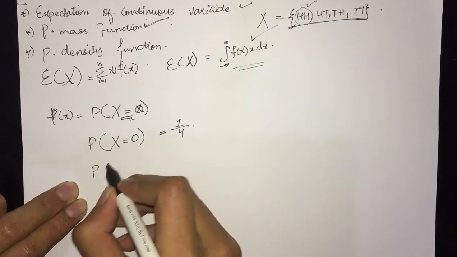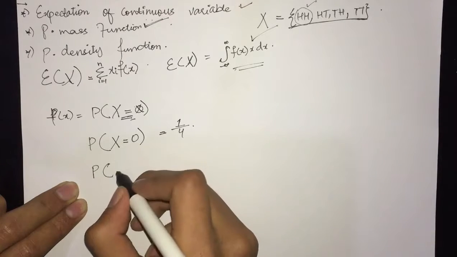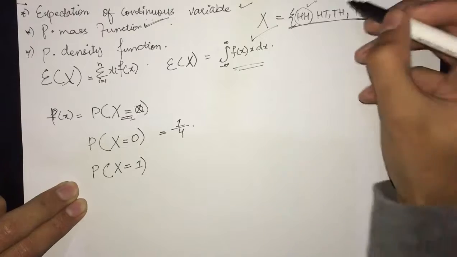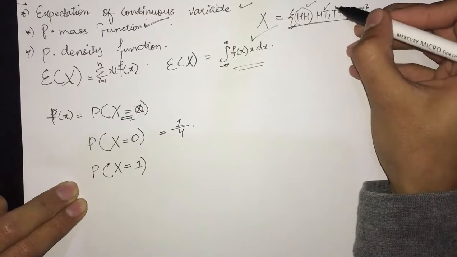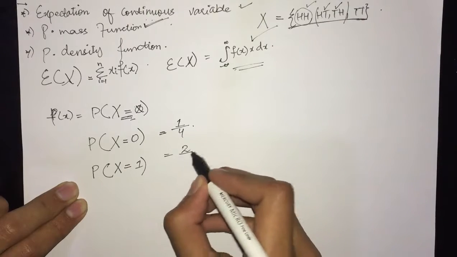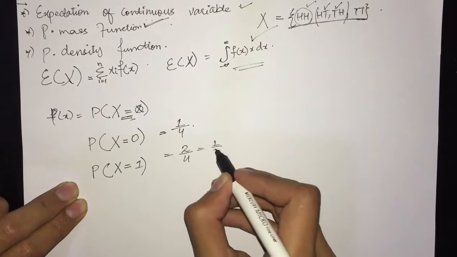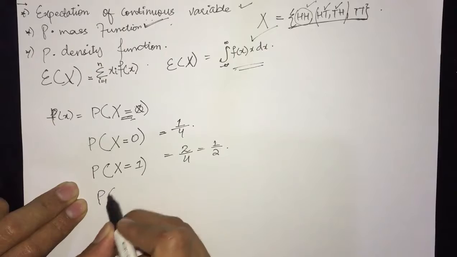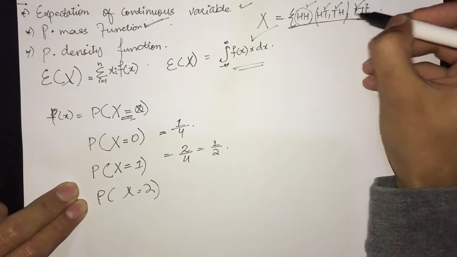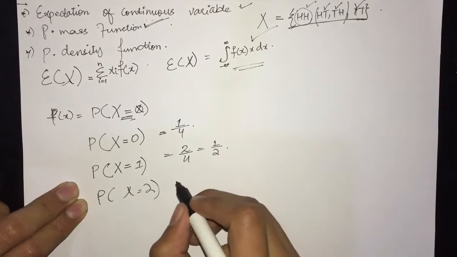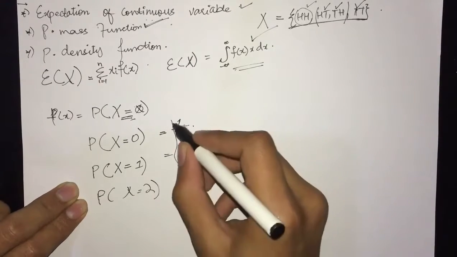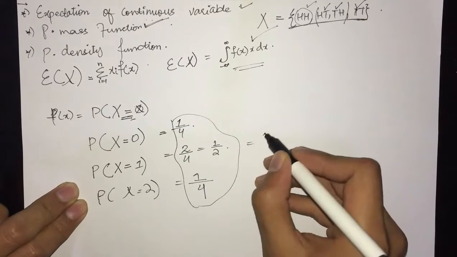Now for X equals 1, we have 2 points where we have one tail, so that will be equal to 2 by 4, which makes 1 by 2. And then for X equals 2, we have one point where there are two tails, so that will be equal to 1 by 4. And when we sum them up, we'll actually get 1.